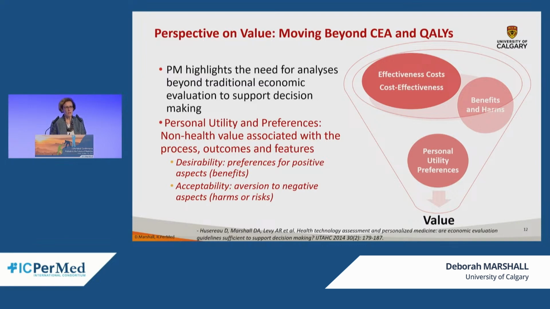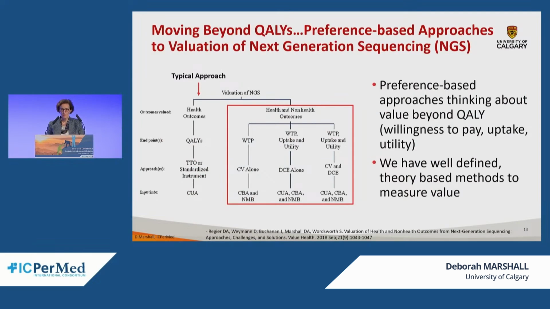But it allows us to look at how people make choices and what they value. And we look at both the desirability, the positive features that are attractive to us, and also the acceptability, i.e. the negative features that reflect harms, so we may not want to accept.